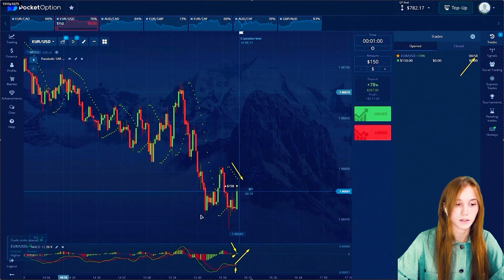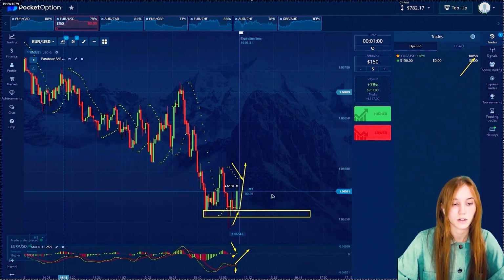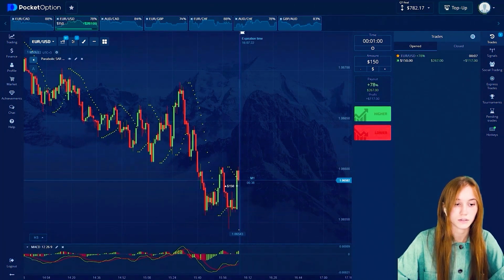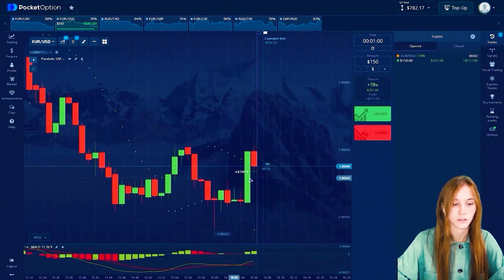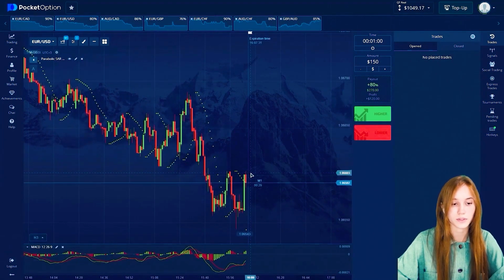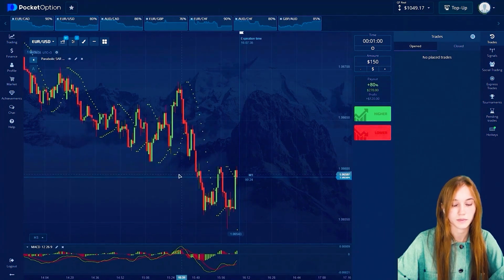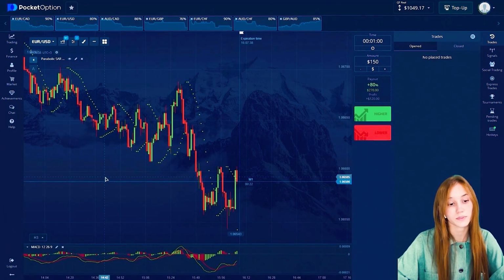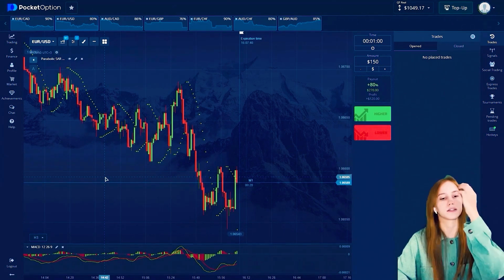Also we see increasing trend. 4 seconds left. Zoom it. Yeah. Our deal goes into plus. Let's finish our trading session for today and summarize it.